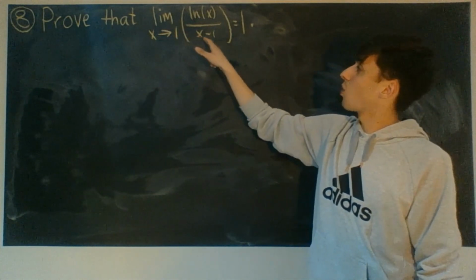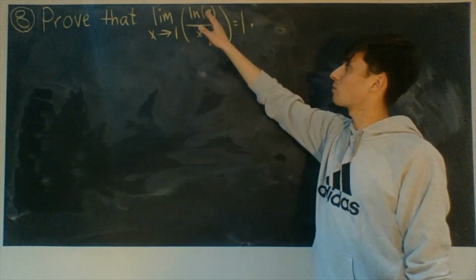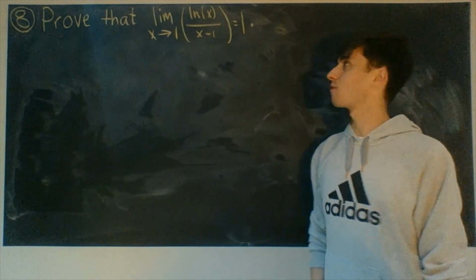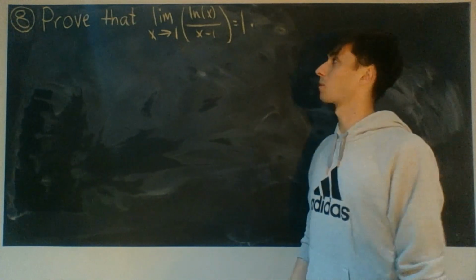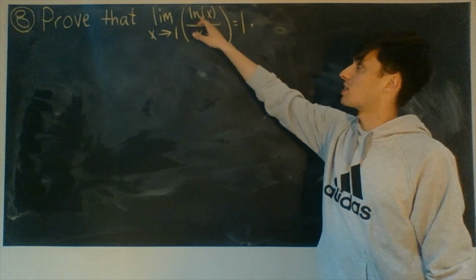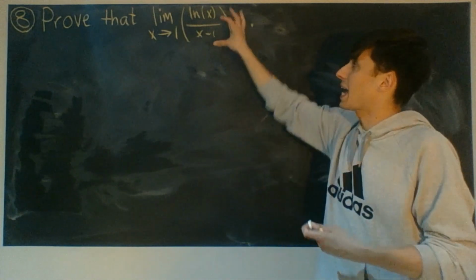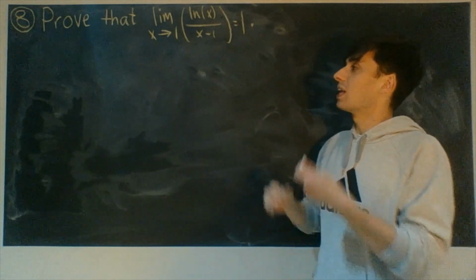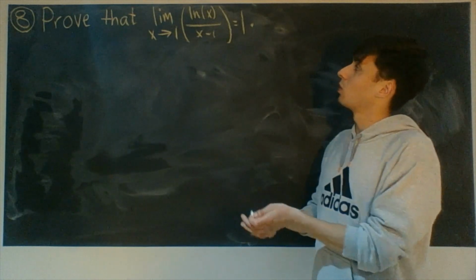And as x goes to 1, x minus 1 also goes to 0. So we've got this kind of indeterminate form here, where we're not actually sure what's going on. We're not allowed to just say 0 over 0 equals 1, because we're not quite sure about their behaviour around this limit. Let's do it with a Taylor series though, and see how this works.